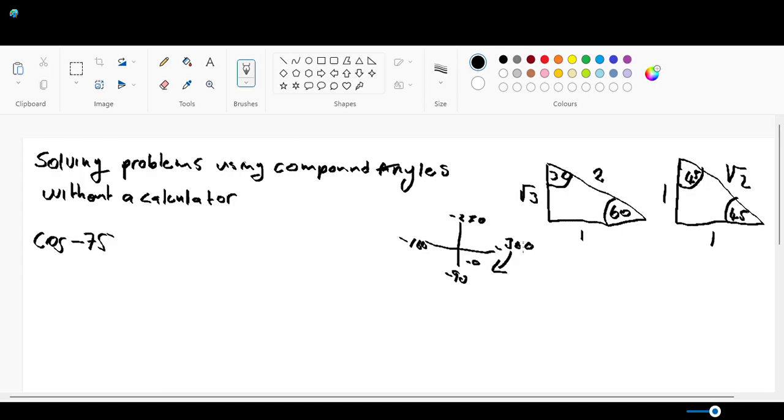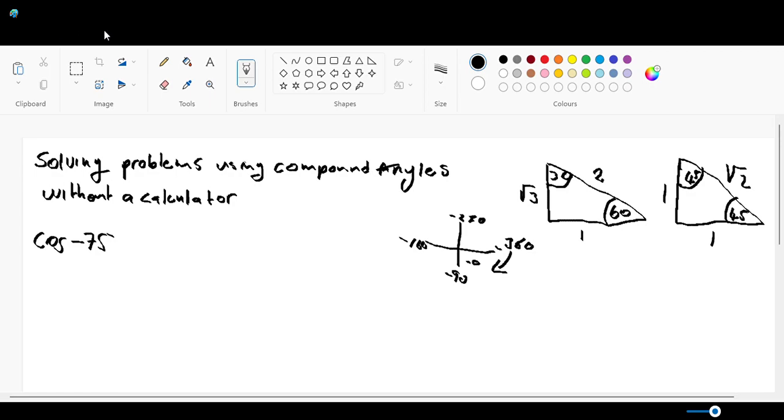Alright, so as you can see, from 0 to negative 90, this negative 75 is actually here on the fourth quadrant. And we know that on the fourth quadrant, cos is positive.